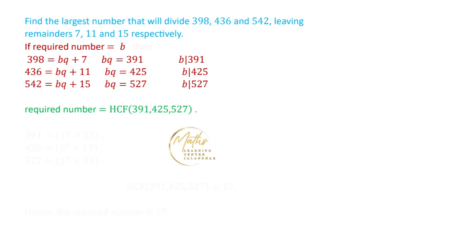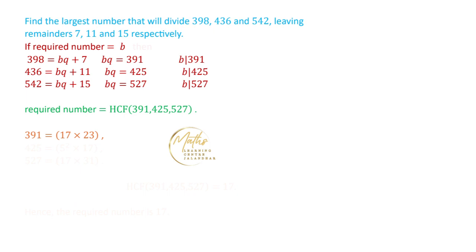To find the HCF, we are going to write the prime factorization. For the number 391, the first prime factor will be 17, and we can write 391 in the form 17 into 23.